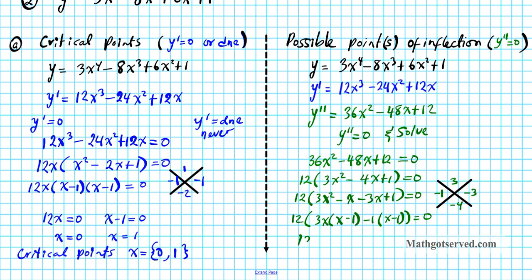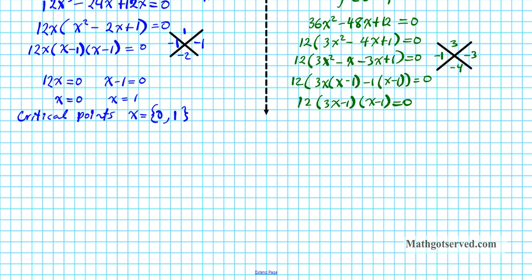So the factored form is 12 times 3x minus 1 times x minus 1 equals 0. We can divide both sides by 12, or multiply both sides by 1 over 12, and we'll be left with 3x minus 1 times x minus 1 equals 0.